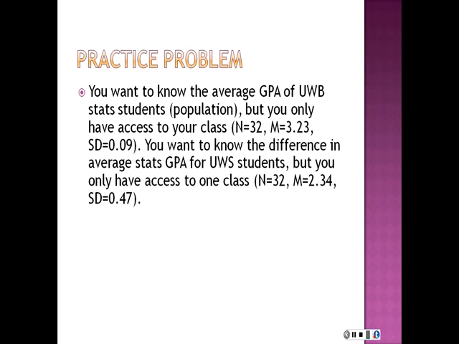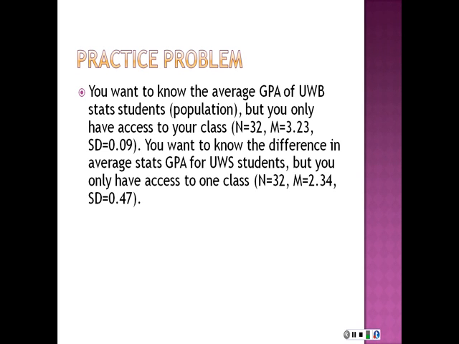So say you want to know the average GPA of UW stat students, so that's your population, but you only have access to your class. This is your sample. An N of 32, mean of 3.23, and a standard deviation of 0.09. This is not real data. You want to know the difference in average stats GPA for UW Seattle students, but you only have access to one class.